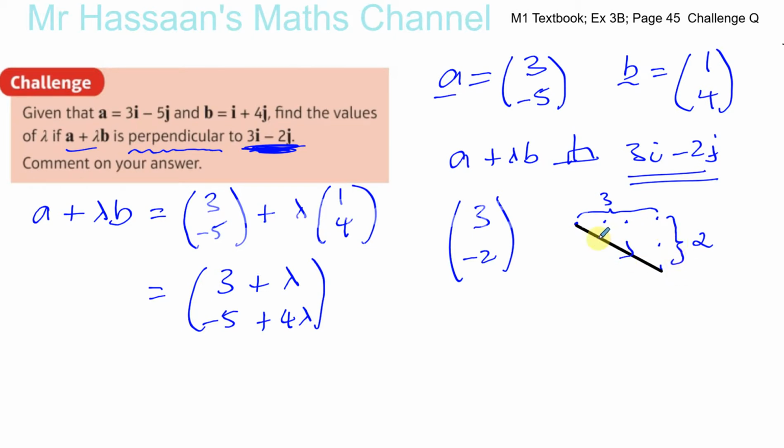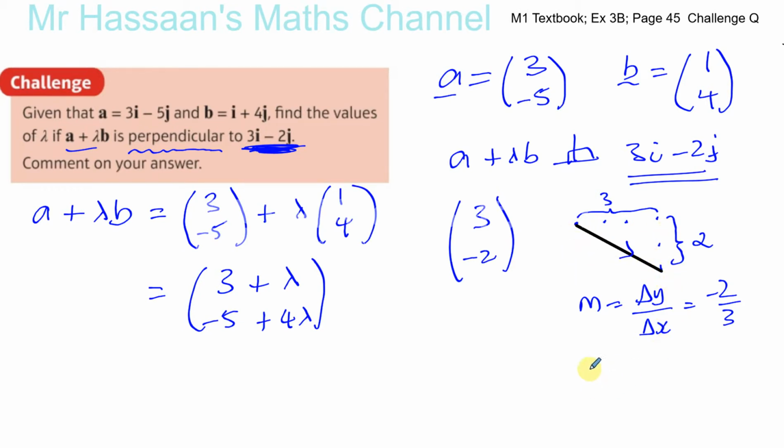So I'm going to think about this vector in terms of its gradient. The gradient is the change in y, the vertical displacement, over the change in x. So the gradient of this line is going to be -2 over 3. It's going 2 down and 3 to the right.